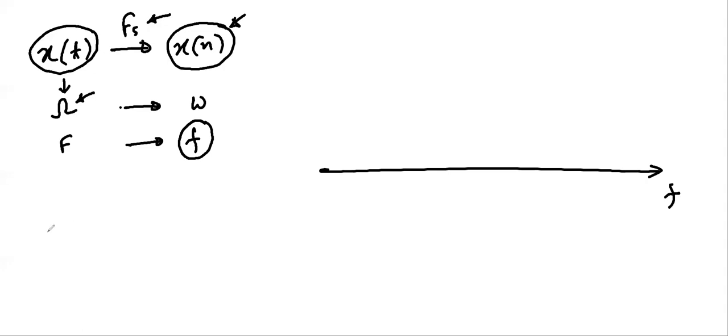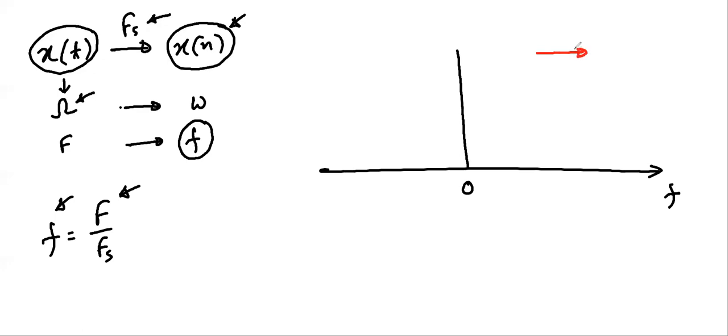If you can remember, this small f can be represented as f divided by fs. And if that is a spectrum of the sequence, then of course the f also has the spectrum of f value. Let me introduce this line as 0 as a reference, and we can proceed in the right direction as positive and left direction as negative.